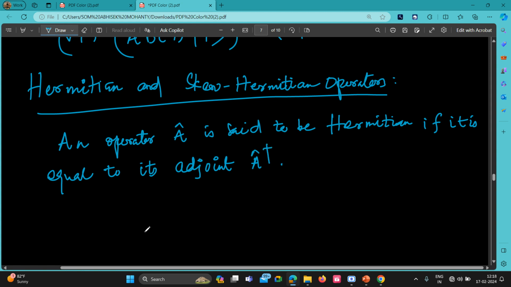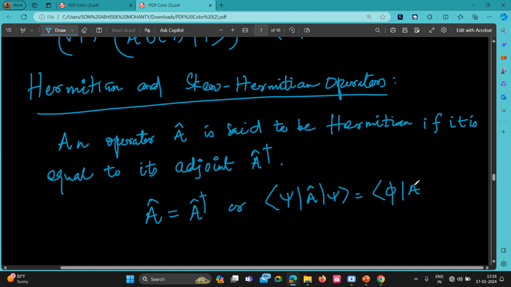So A is equal to A dagger, or you can say <psi|A|phi> is equal to <phi|A|psi>*. You can write it like this also.